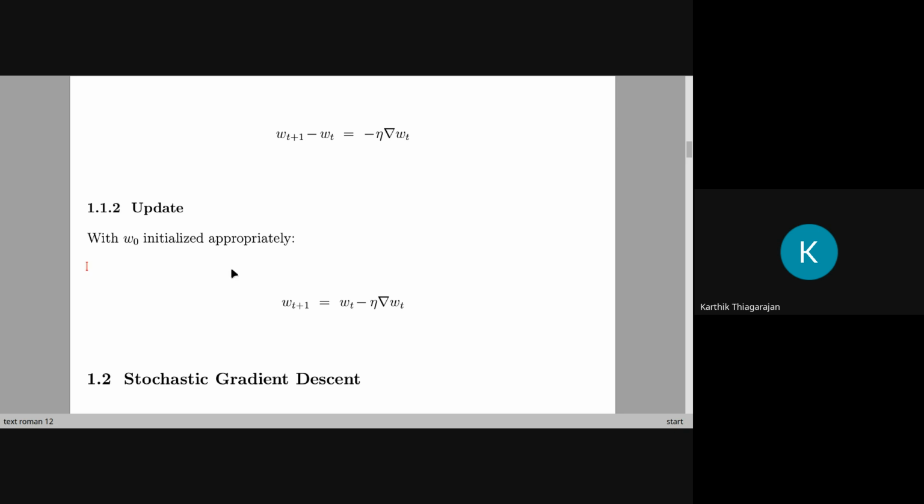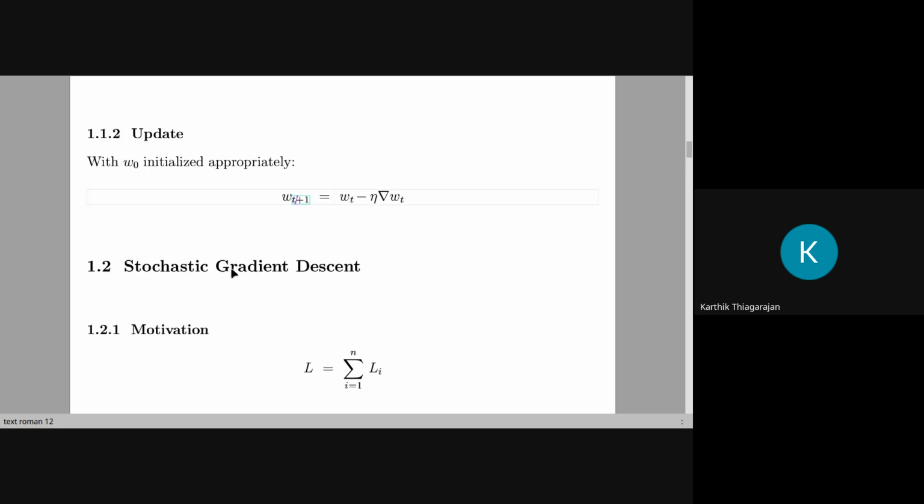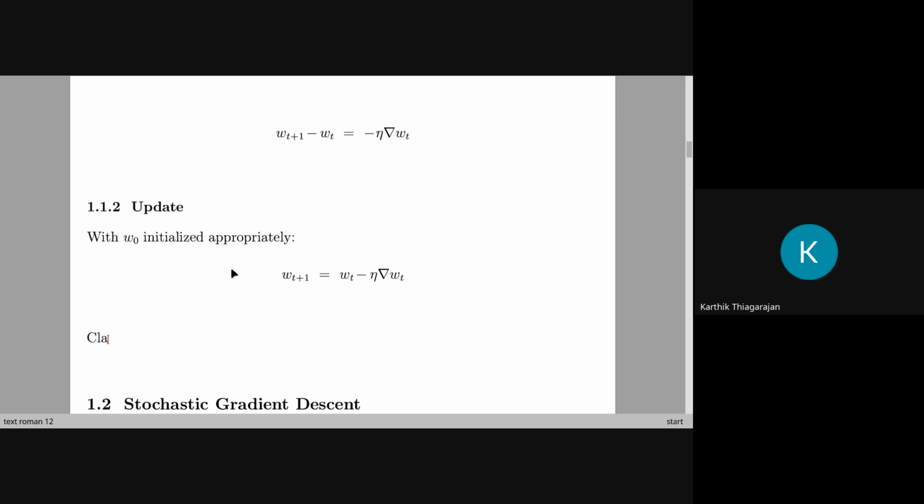The claim I'm making is that all the weights of a network should not be initialized to, let's say, 0 to begin with, because the gradient will be 0.